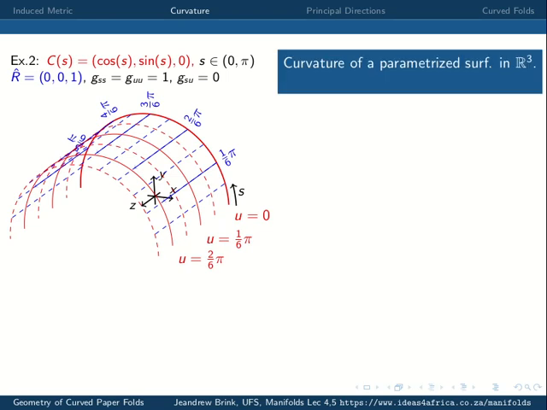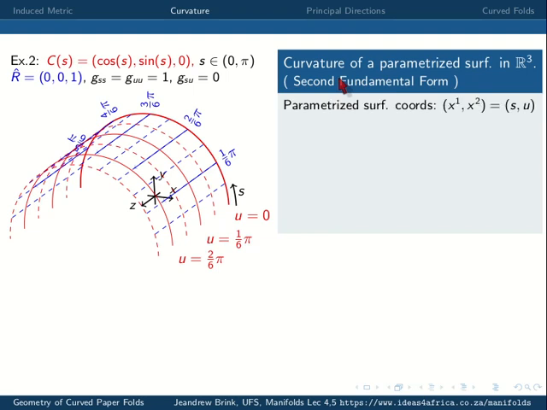The way we do that is we define the curvature of a parameterized surface in R3, and this is the thing we call the second fundamental form. The way you compute that is simply, suppose we have our parameterized surface, and these are the coordinates x1 and x2.